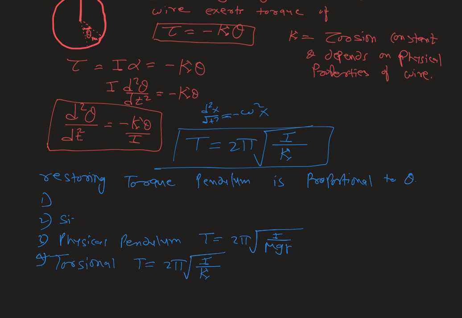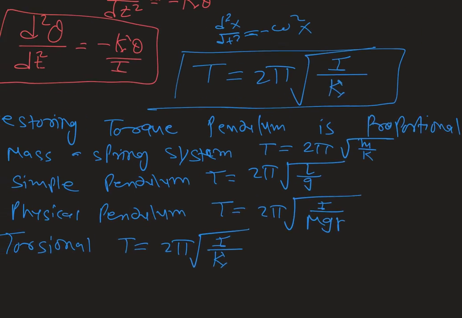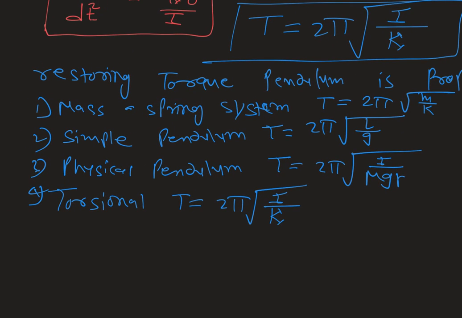For your simple pendulum, you can have T equals 2 pi square root L over g. And for your mass spring system, T is 2 pi square root m over k. Right? So these are all the different period equations you can have for the pendulum. Thank you. I hope this helps.